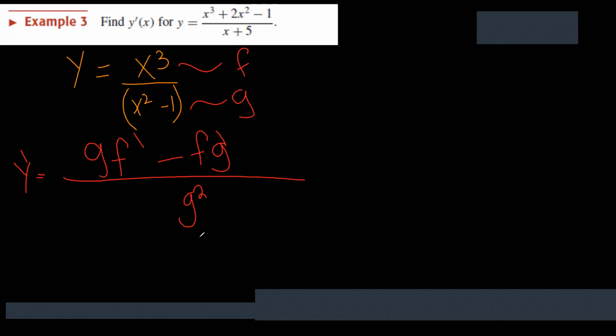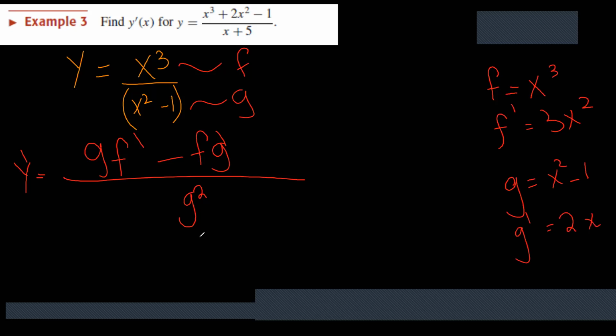Now let's define, as we did in the multiplication, f is x cubed, so f prime is 3x squared. g is x squared minus 1, so g prime is 2x. This is the first step. I just put where is f, where is f prime, where is g, and where is g prime. Is it clear?